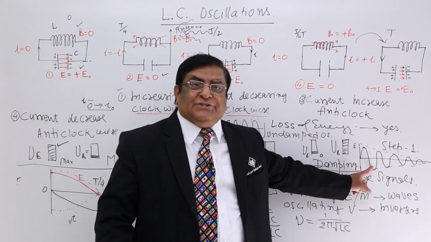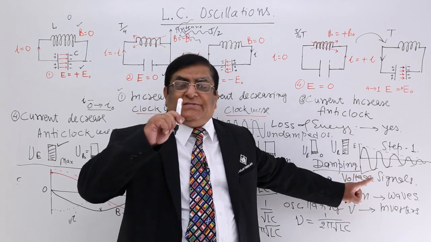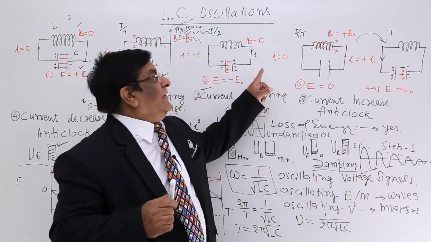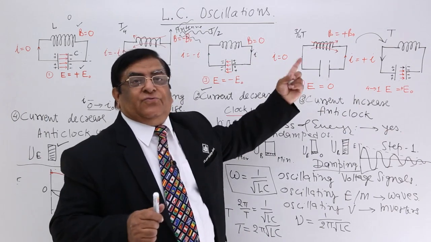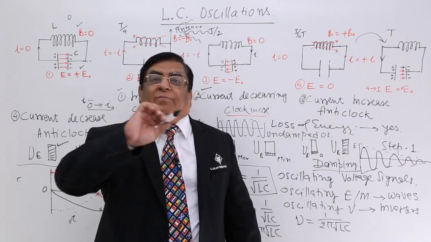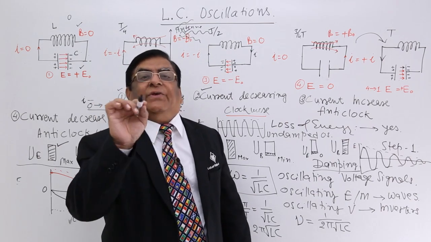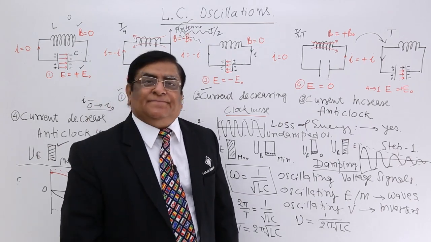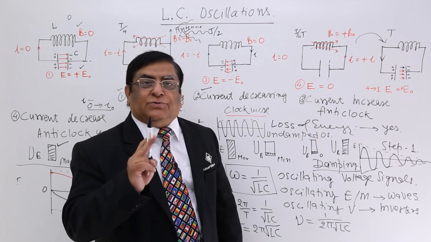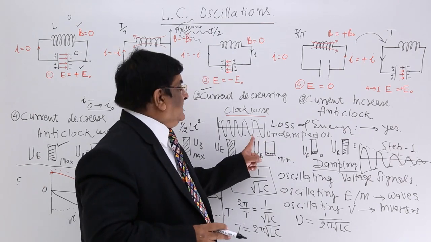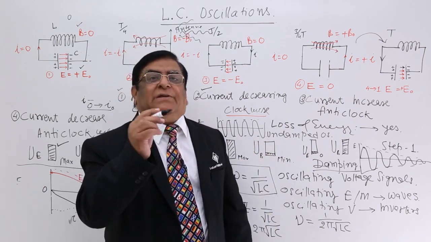We are not giving energy to it. We have given energy once, allowed it to oscillate this way, this way, this way. So the first time the electric field will be 10, second time it will be 8, third time 6, 4, 2, finished.